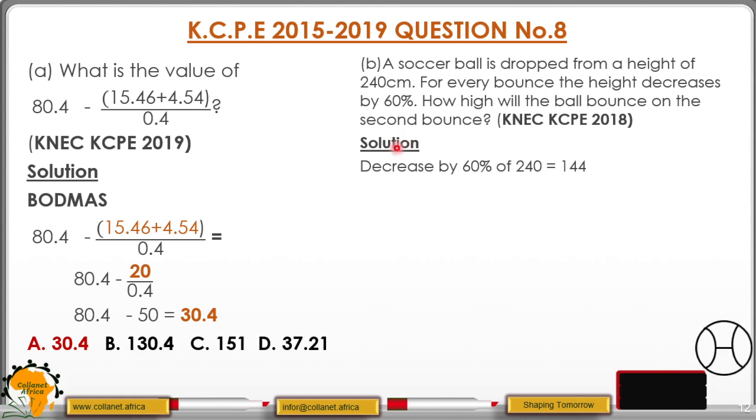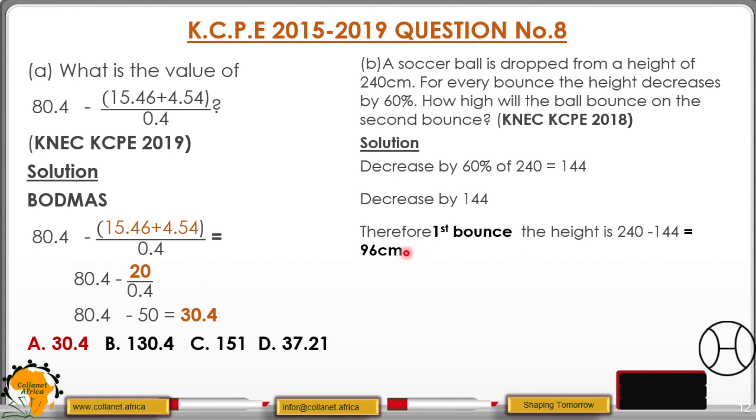So that is how it will bounce. So decrease by 144, so it will be 240 minus 144 to get 96. But we are not being asked about the first bounce. The question is asking about the second bounce.